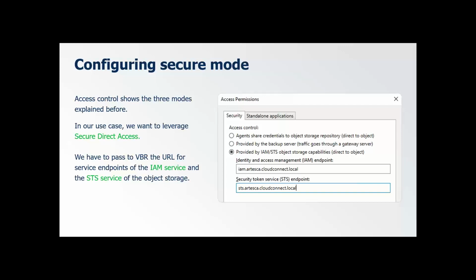STS is, as I say, this security token service available in the API, which is a subset of the identity and access management system of S3. What we do here is we insert the 2 URL endpoints, which are always available from the storage. So in my case, I'm using a Scality machine. The URL is going to be different in any case, but you see the point. You receive the URL from the storage, you put it here.